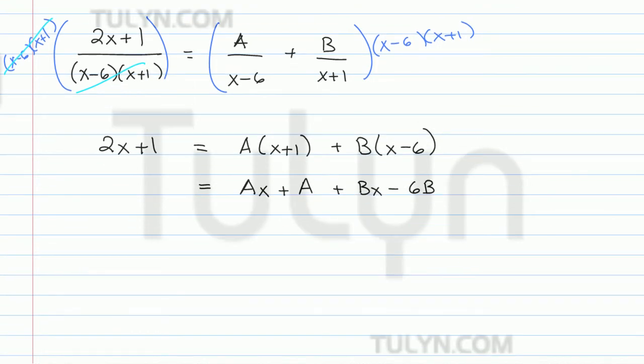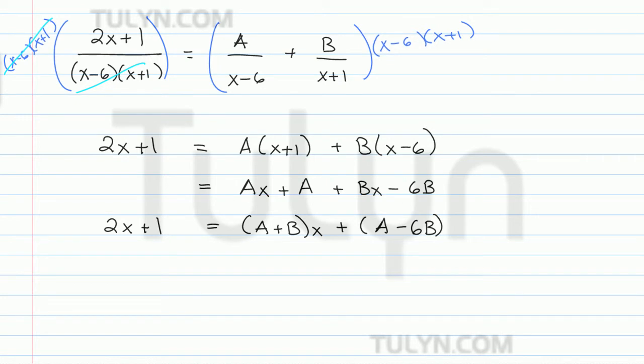And now I want to group all the terms with x in them together, and I want to group all the constant terms together. So grouping all the terms with x and factoring out an x, we get A plus B times x, and then for the constant term we have A minus 6B. And this has to be equal to 2x plus 1.